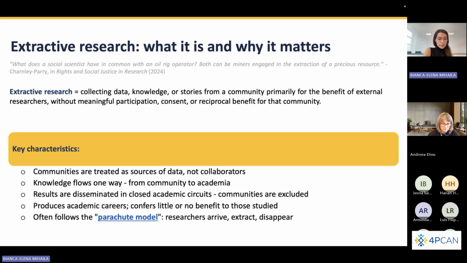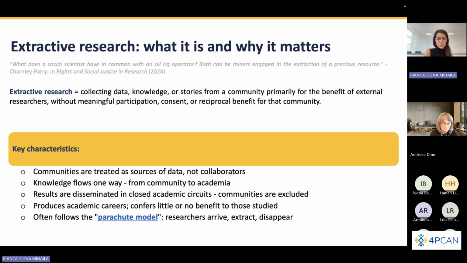The result is that, in the literature, they are saying that this type of extractivism produces academic careers, conferring disproportionate benefit to the researchers and little benefit to the people from where the data is extracted.